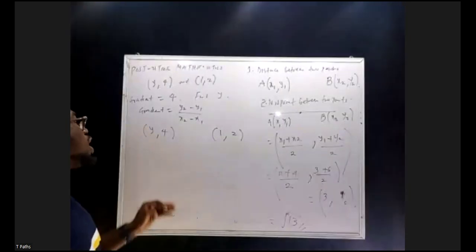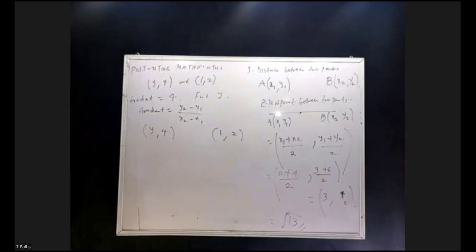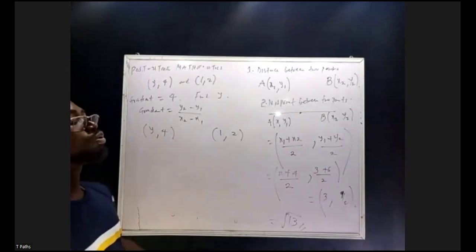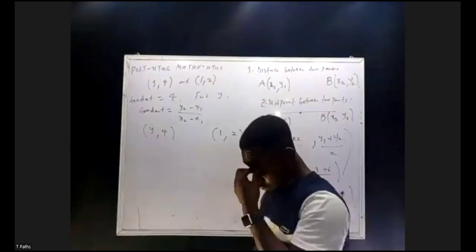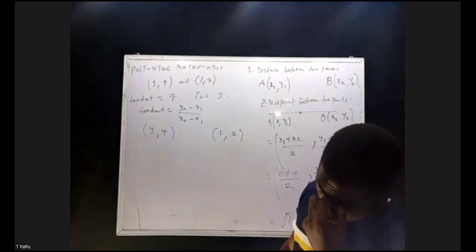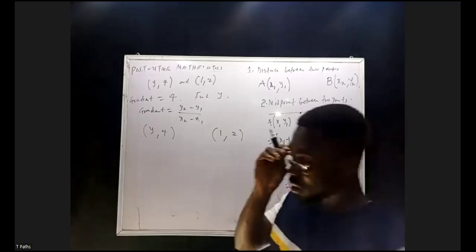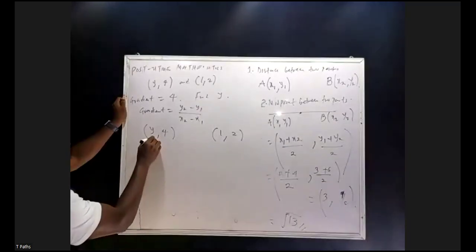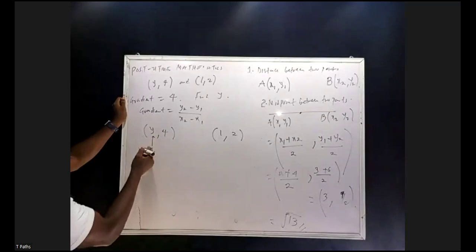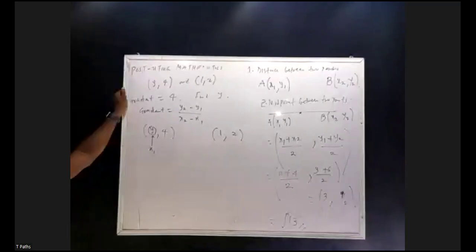So somebody can tell me which one is my x1, which one is my y1, which one is my y2, which one is my x2. Somebody who can tell me? My x1 is this thing that we are looking for. Yes, it is y. Am I making any sense?